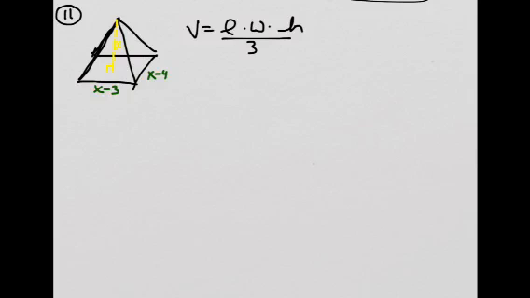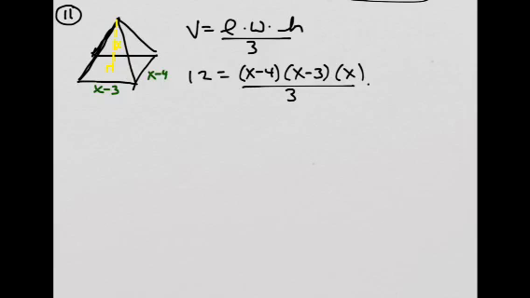So the volume of this paperweight is 12 cubic inches. So 12 equals the length, x minus 4, times the width, times the height. So I'm going to multiply by 3 again on the other problem. So this is 36.